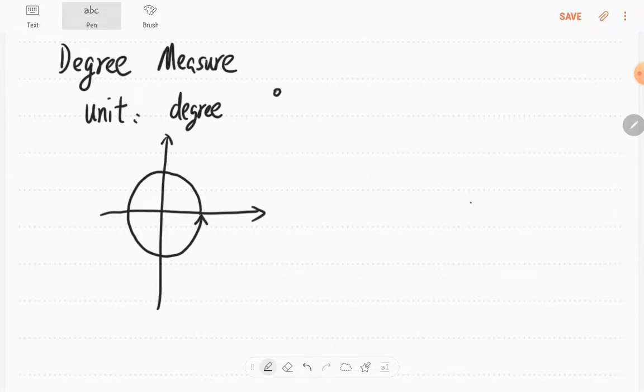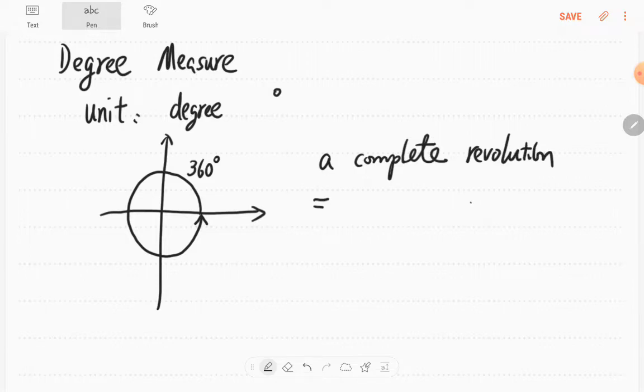and we rotate one round, we say this angle has 360 degrees. So we can define a complete revolution to be 360 degrees.